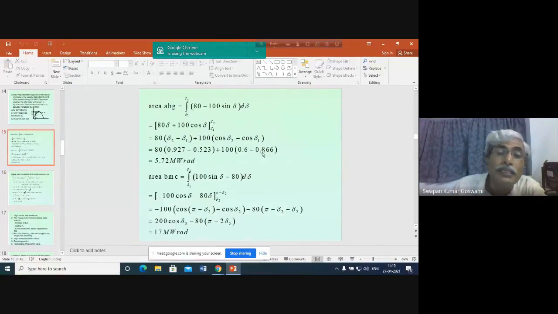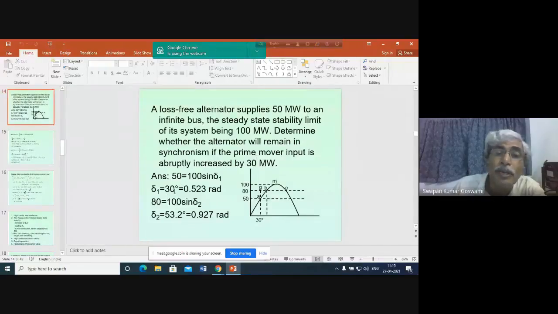Now we will note one point here. You see that the generator is operating at this point. So what is the maximum disturbance that the generator will be able to withstand? That depends obviously upon this operating point. Had the initial operating point been here, it would be able to withstand a smaller disturbance.